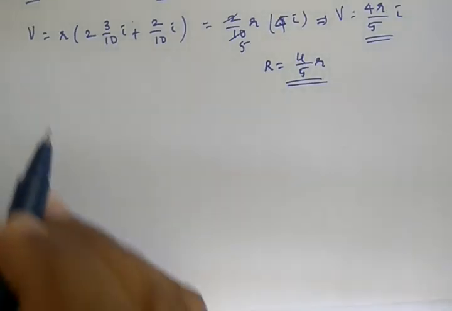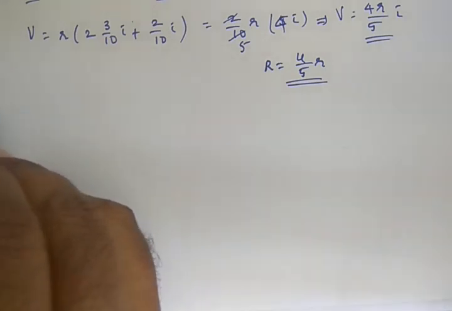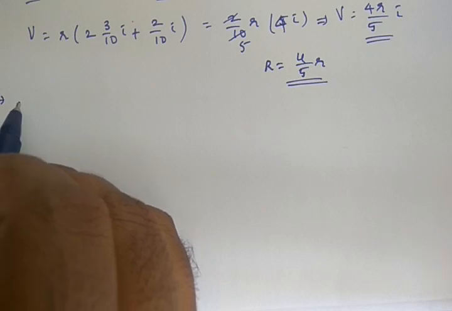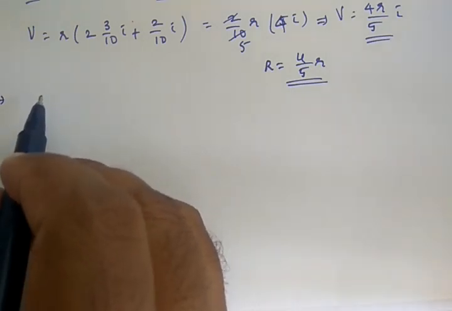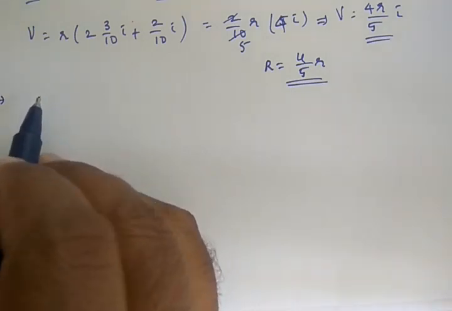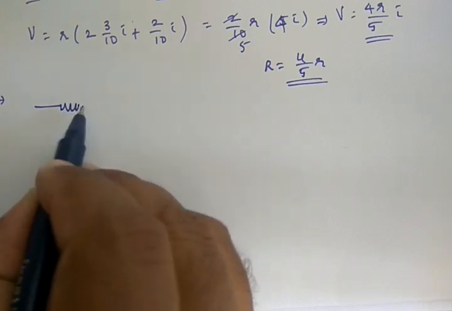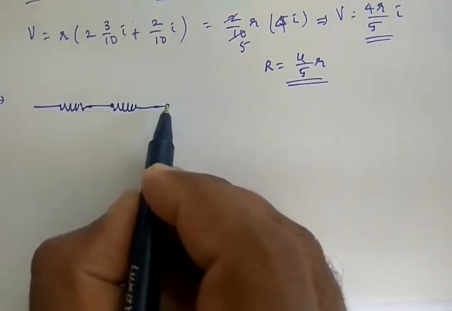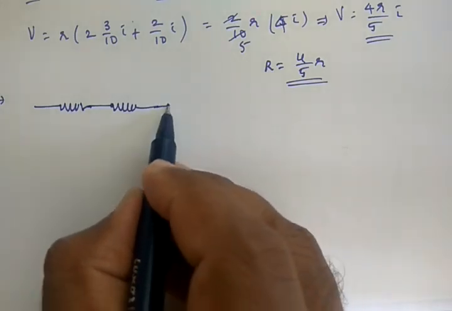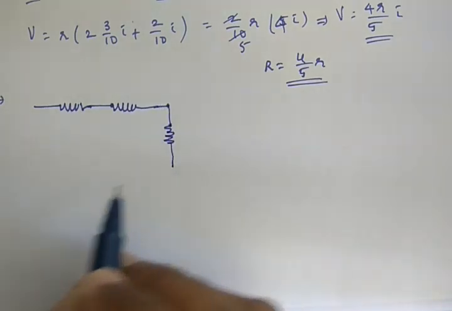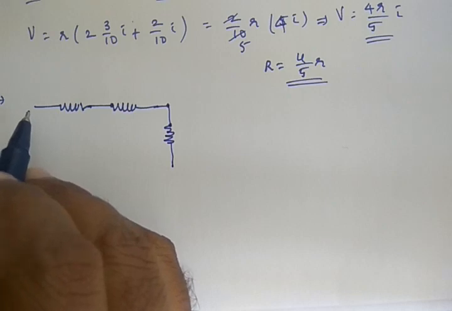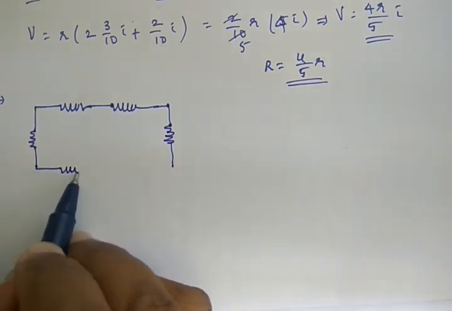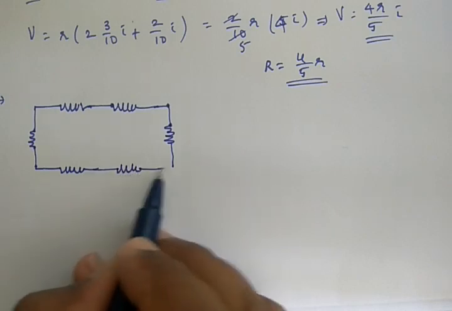So look at one more problem. There are 6 resistors here, 5 ohm, and this is also 5 ohm, and there is one more 5 ohm resistor, and similarly one more 5 ohm resistor and one more 5 and one more 5.